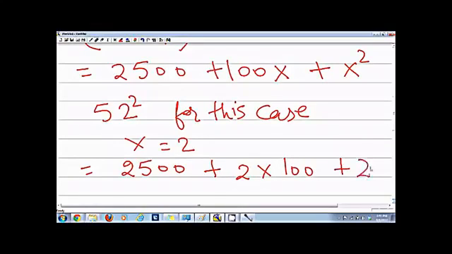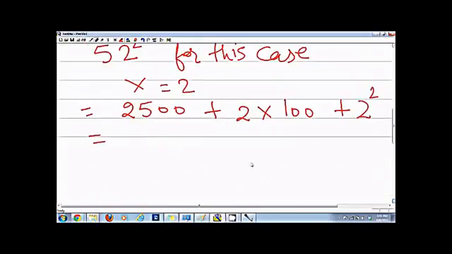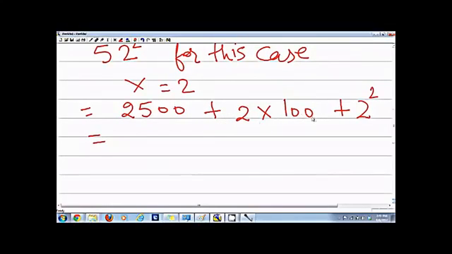Because 2 is at the hundredth place, this 2 will be added to 5, and then this 2 square is at the one's place, so it will come up on the last digit. So we will have 2704.